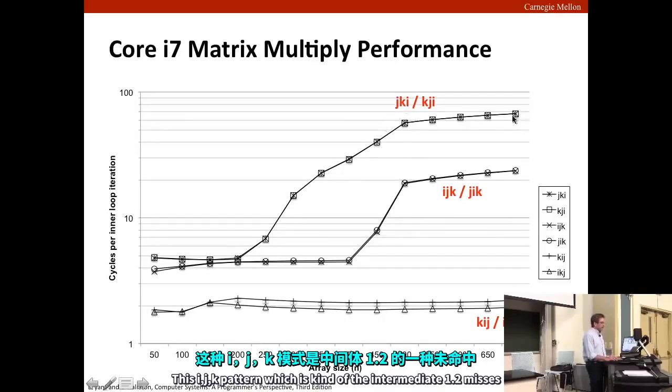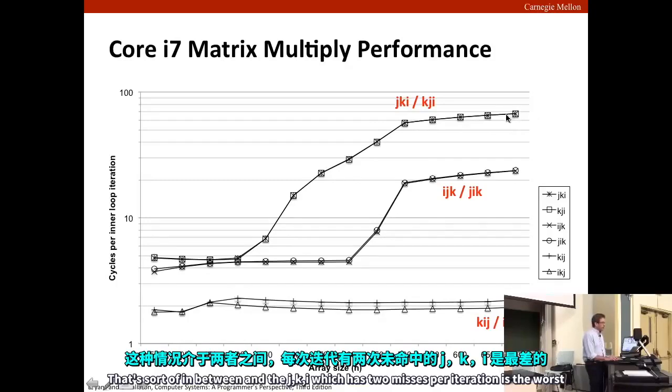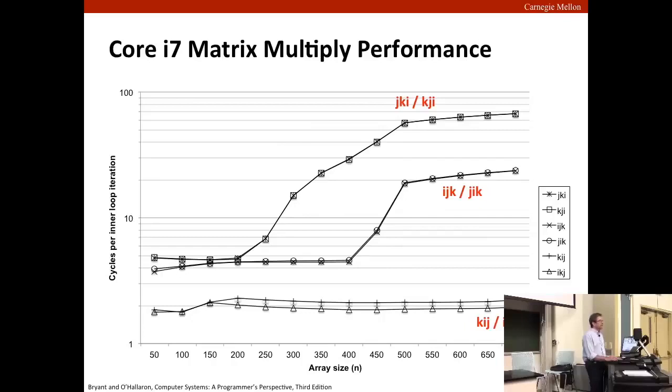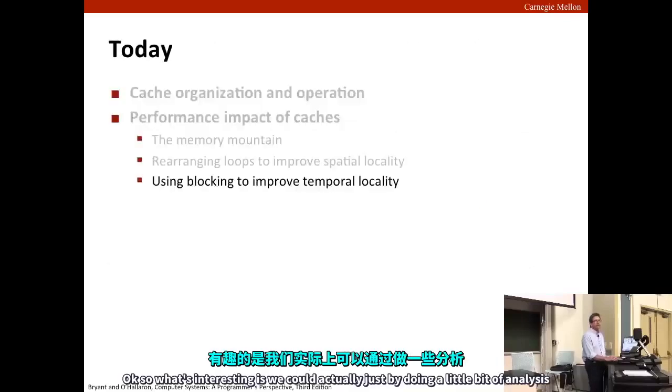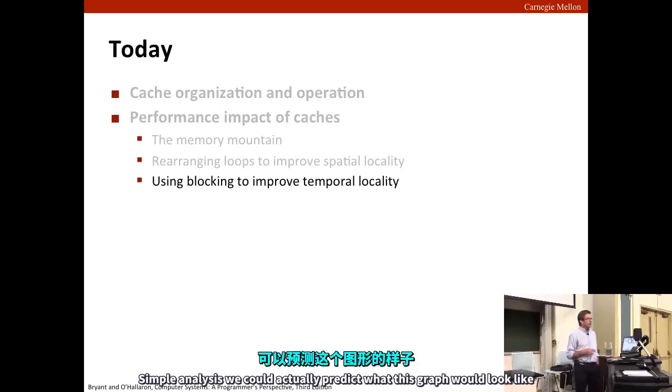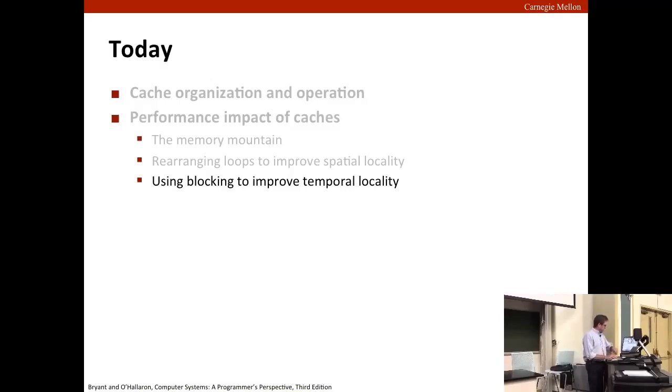This IJK pattern, which was the intermediate, with 1.25 misses, is in between. And the JKI, which has 2 misses per iteration, is the worst. What's interesting is that just by doing a little bit of simple analysis, we could actually predict what this graph would look like.